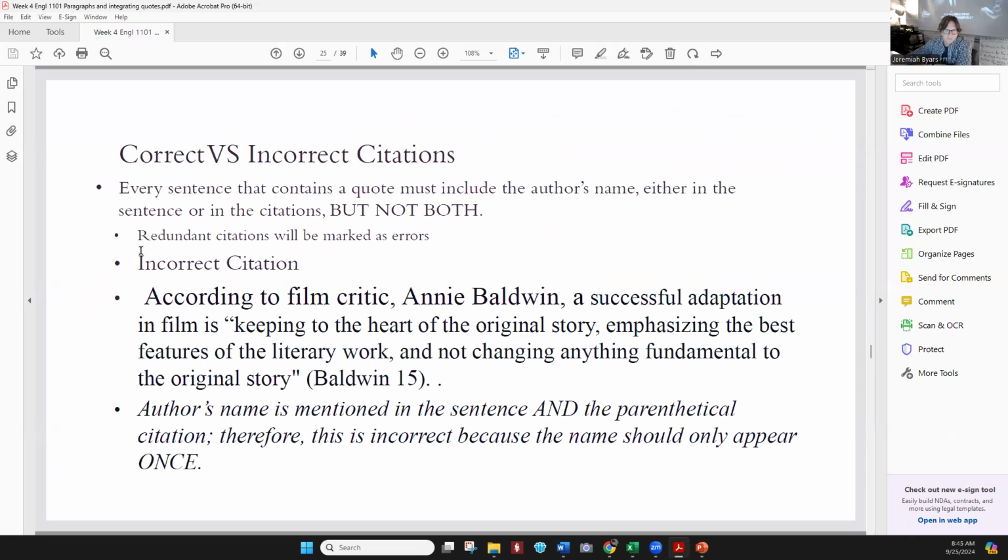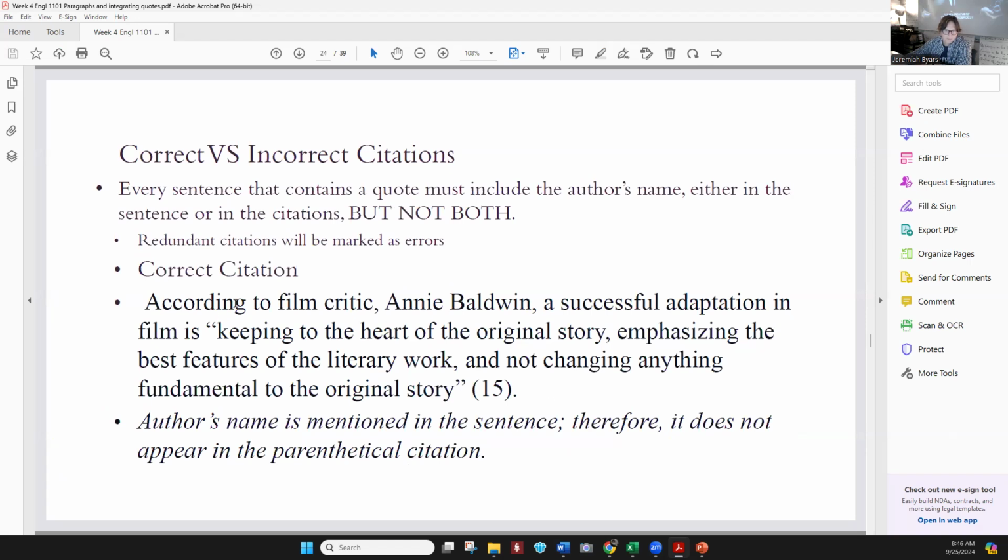The author's name is mentioned in the sentence and the parenthetical citation. Therefore, this is incorrect. See, Baldwin, this exact example, film critic, Annie Baldwin says this, and then we have her name. That's incorrect.